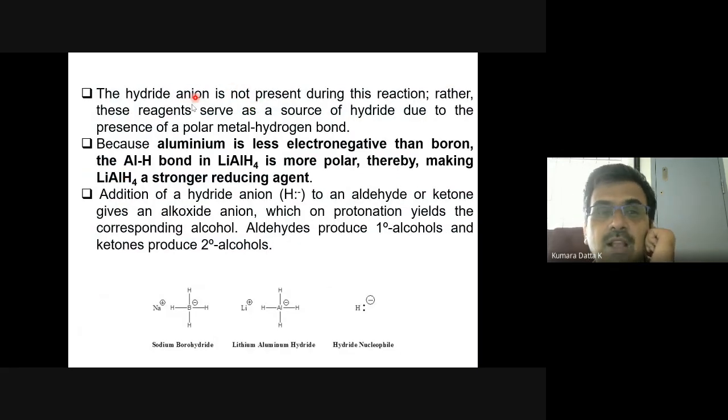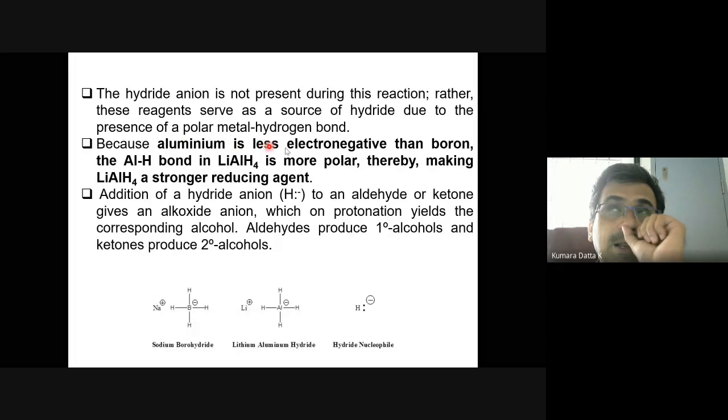Now, how is the hydride ion stabilized? These hydride ions will not be present during the reaction, but they serve as a source of hydrides. Especially, you are talking about a polar metal-hydrogen bond.